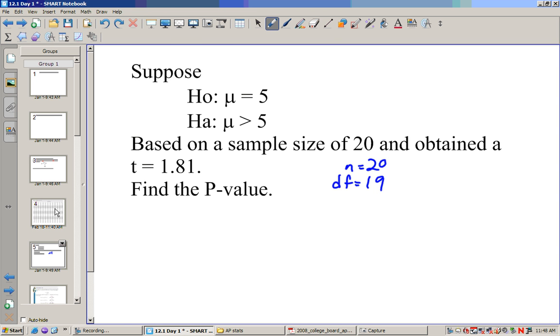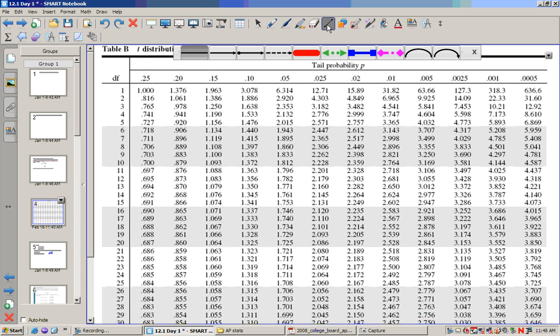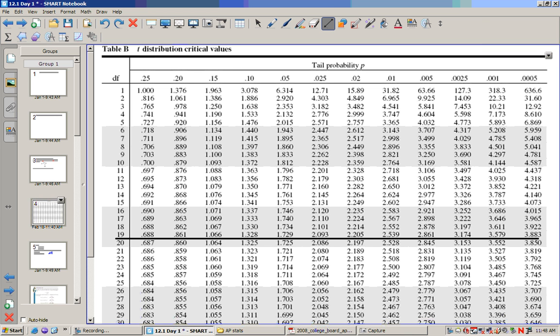So if we look back at the chart, we look for 19, and we look at these numbers above that line. Now, 1.81 was my t-value, and if we come across here, it's going to be between 1.729 and 2.093.